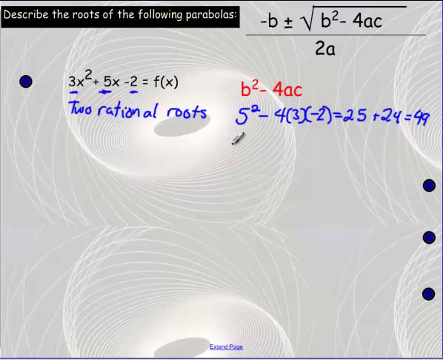And guess what? I can take the square root of 49. That's what makes it rational.